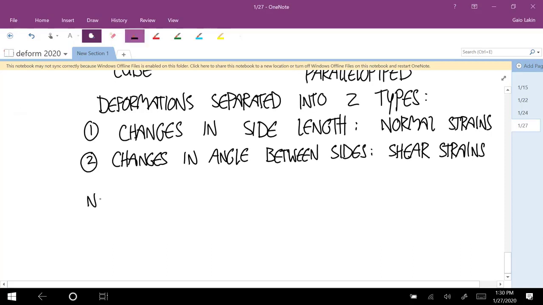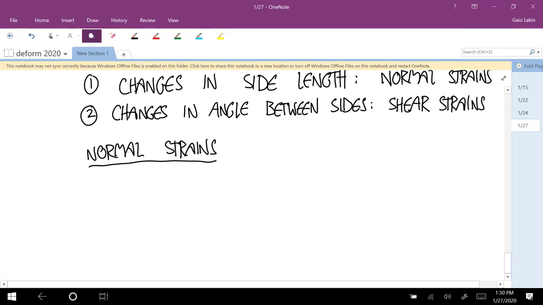So first, let's do the normal strains. So let's say that originally, and let's say we're looking straight on to the XY plane.